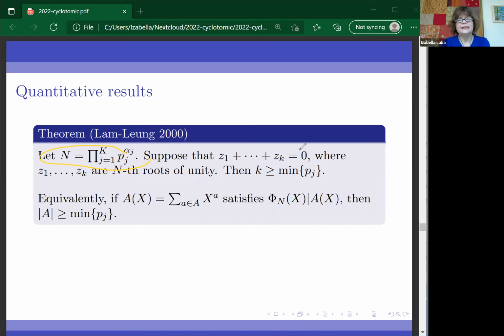Then to get a vanishing combination of roots of unity, the number of roots that you need to use has to be at least the minimum of the prime factors of n. An equivalent formulation in terms of cyclotomic polynomials is that if A of x is divisible by phi_n, where A here is the mask polynomial of a set, then the cardinality of A is bounded from below by the minimum of, again, the prime factors of n.